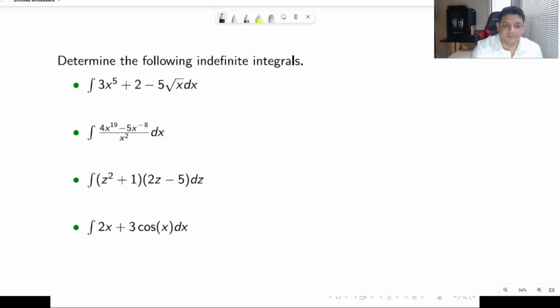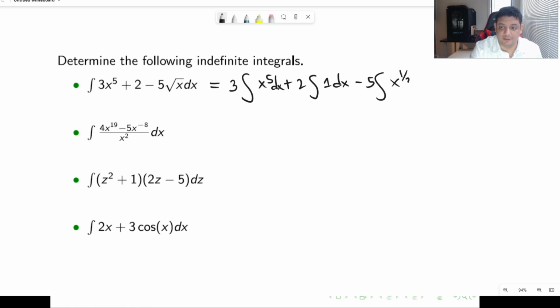Now, in this first scenario, I can rewrite all this and split it into different parts. I can write this as 3x to the 5 plus 2, and let's not forget the dx, 1 dx minus 5 square root of x, but square root of x can be seen as x to the 1/2 dx.